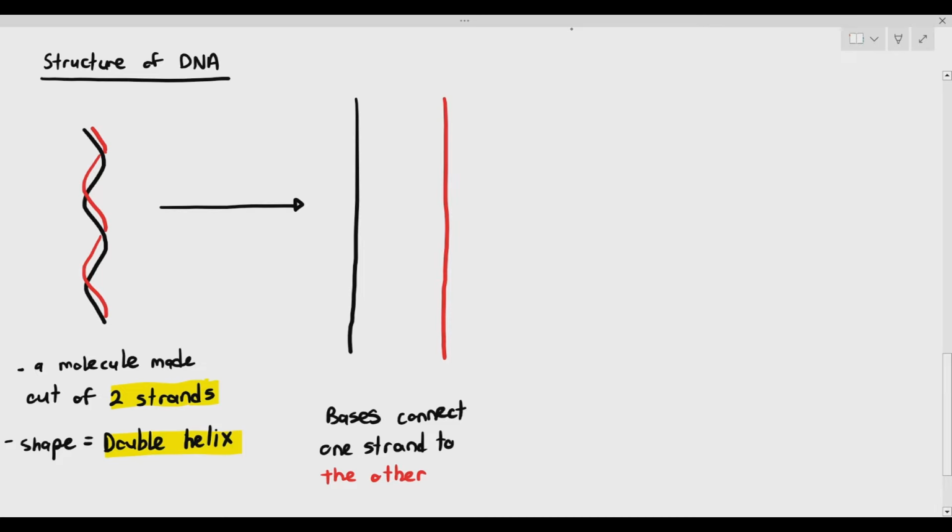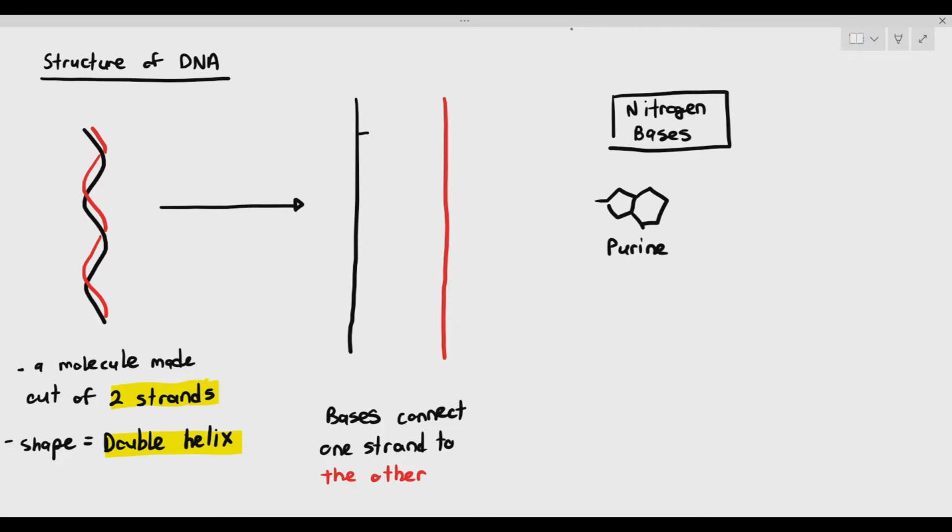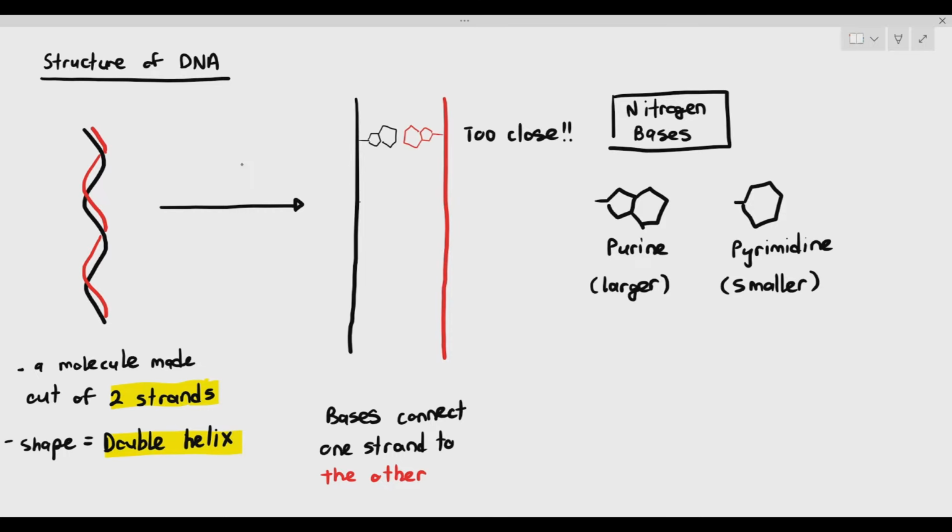So James Watson and Francis Crick understood that there are 2 types of nitrogenous bases, which are the purines, which are the larger of the nitrogenous bases, made up of 2 ring structures, and the pyrimidine, which is a single ring structure. They understood that if one base had purine on one side and the other side also had purine, it would be too close to each other.